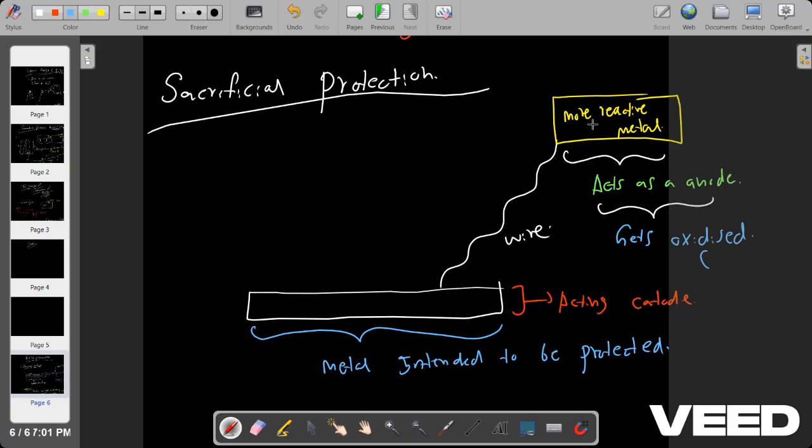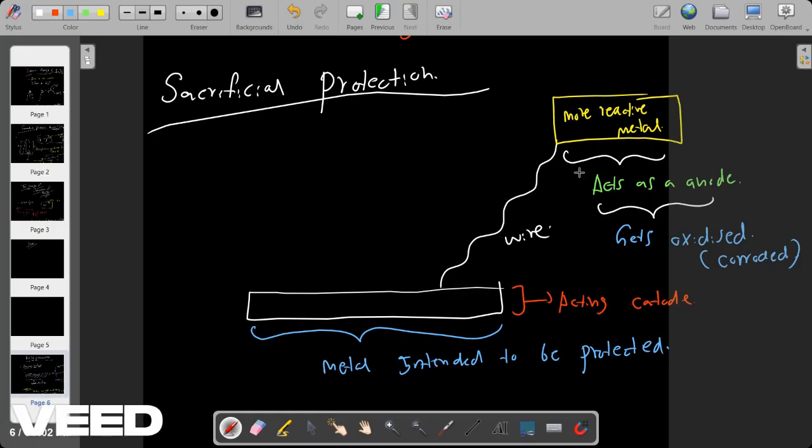The most reactive one is getting corroded. So it is being sacrificed. That is why it is called sacrificial protection. So this one is not getting oxidized. Even though it is exposed to water and oxygen, all the electrons are taken from here.